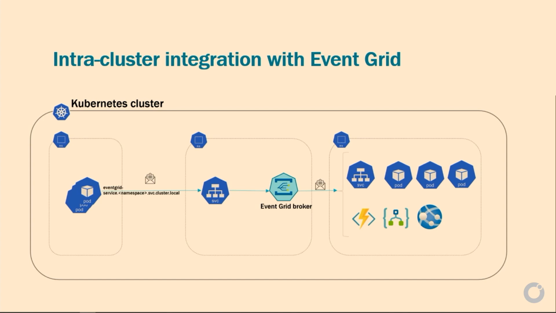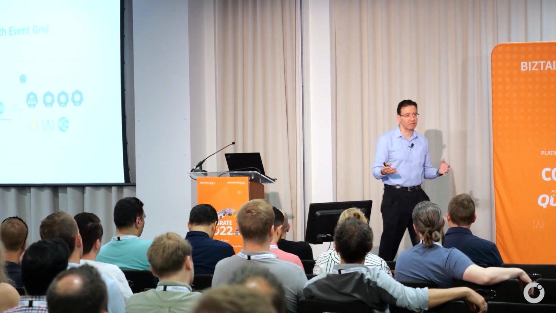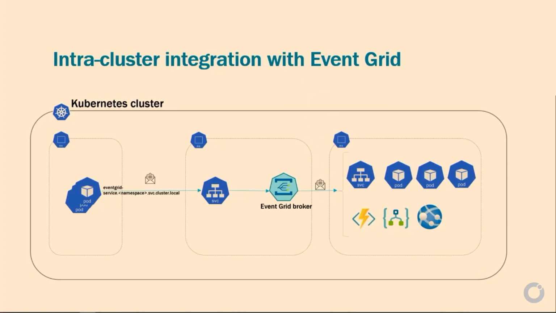The destination can be an Azure Function, Logic Apps, or an App Service, because those services can also be deployed to Kubernetes. Really, Event Grid is in the Kubernetes cluster, but it can send events to wherever it has access to. For example, you have a custom application in your private IP space on-prem.